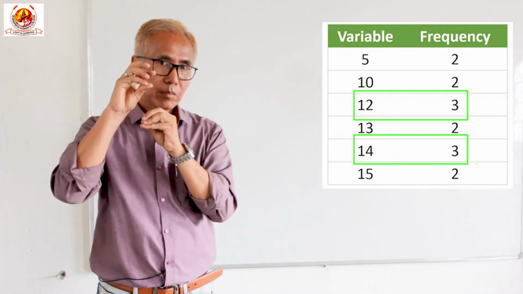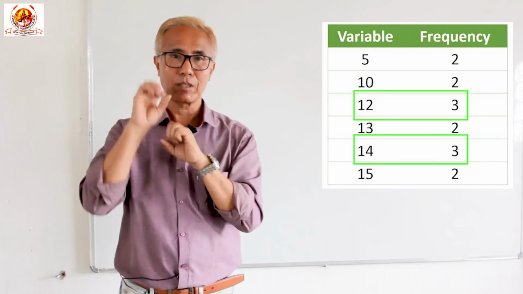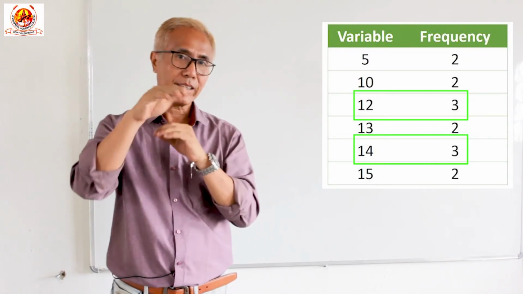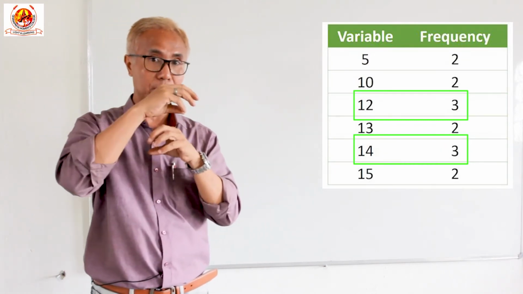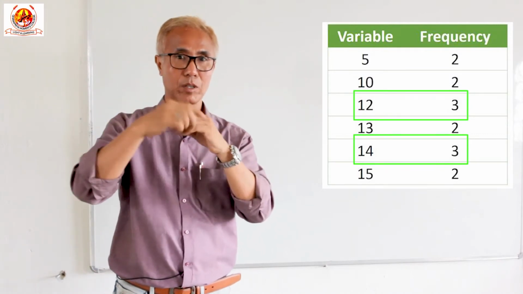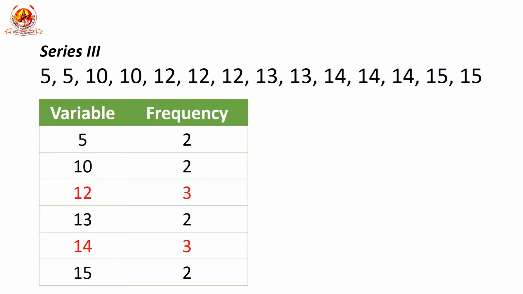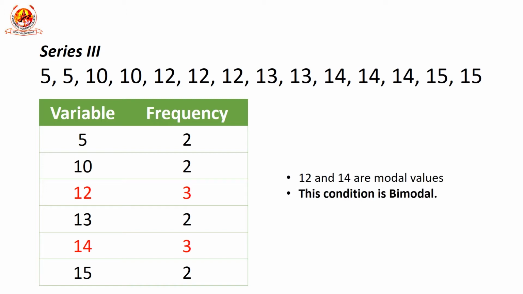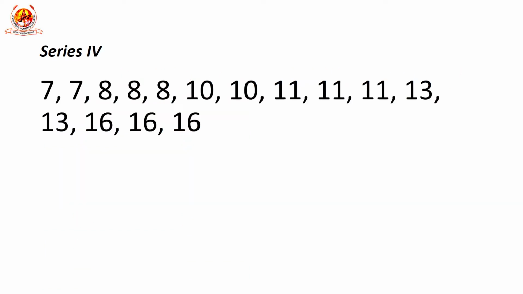In the previous condition we took the average, but here 12 and 14 are not adjacent to each other, so we will not take the mean here, and we will put 12 and 14 as the modes. In this series we have 2 mode values, 2 modes, and such a condition we call the bimodal condition.